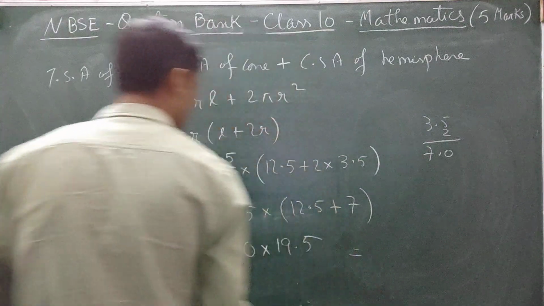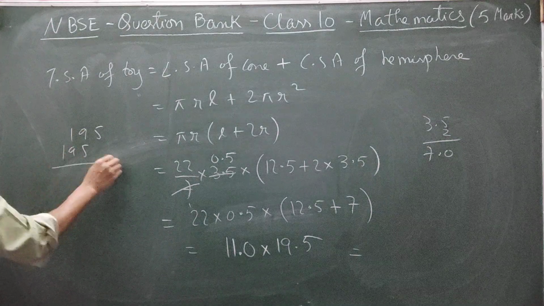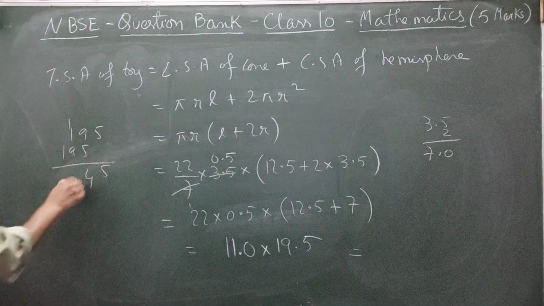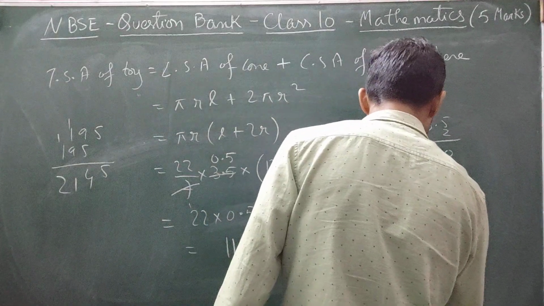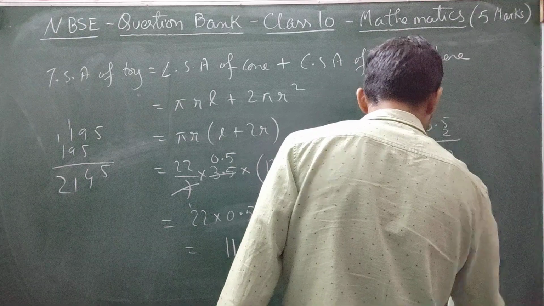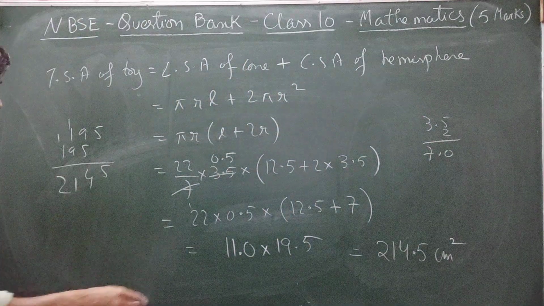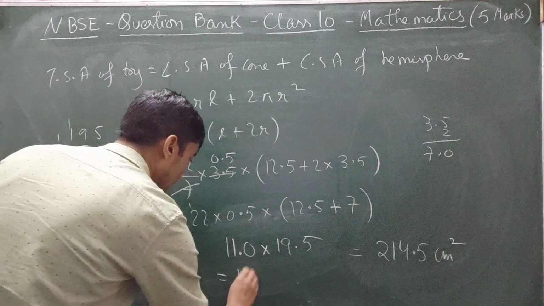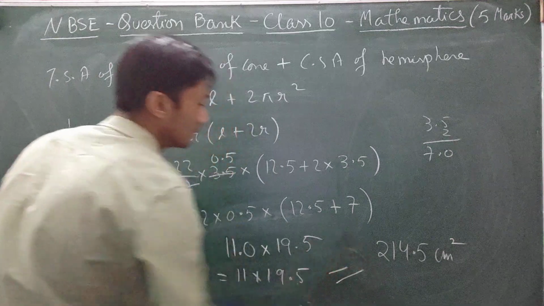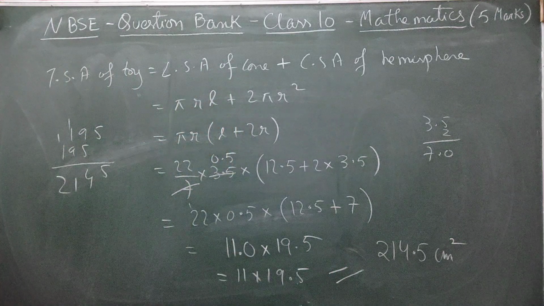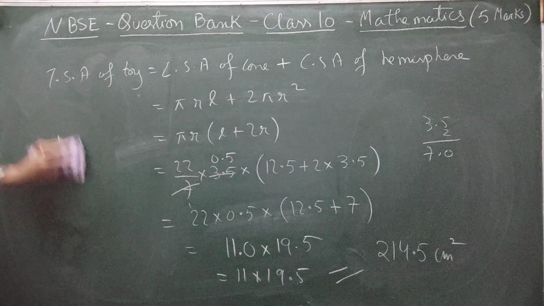So now it's 19.5 into 11, that equals 214.5 centimeter square. Just one decimal. Alright, so this is the total surface area of the toy.